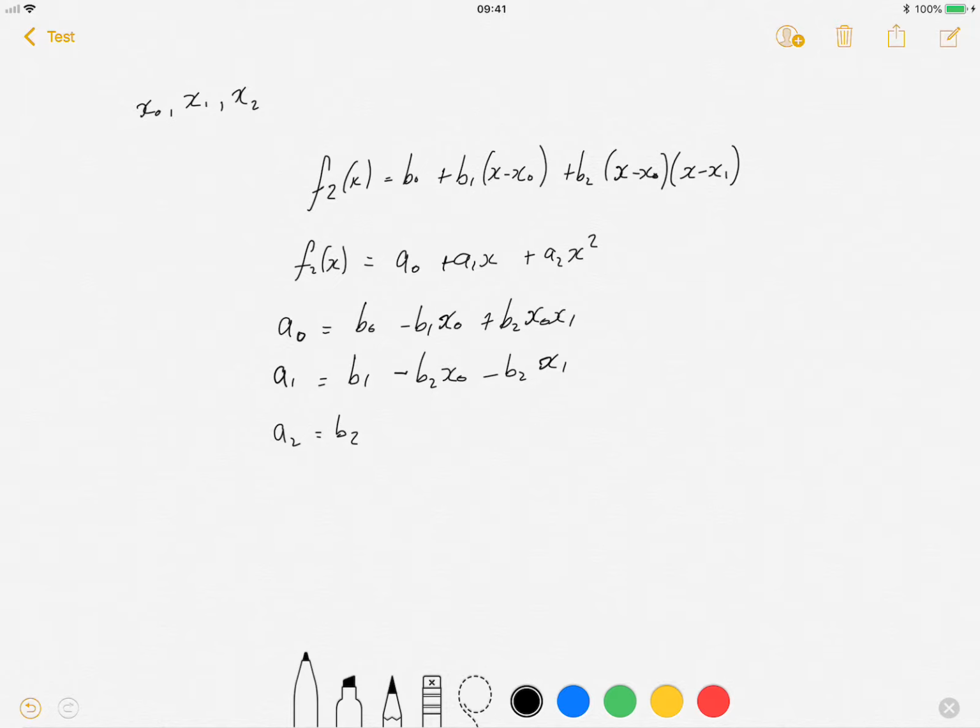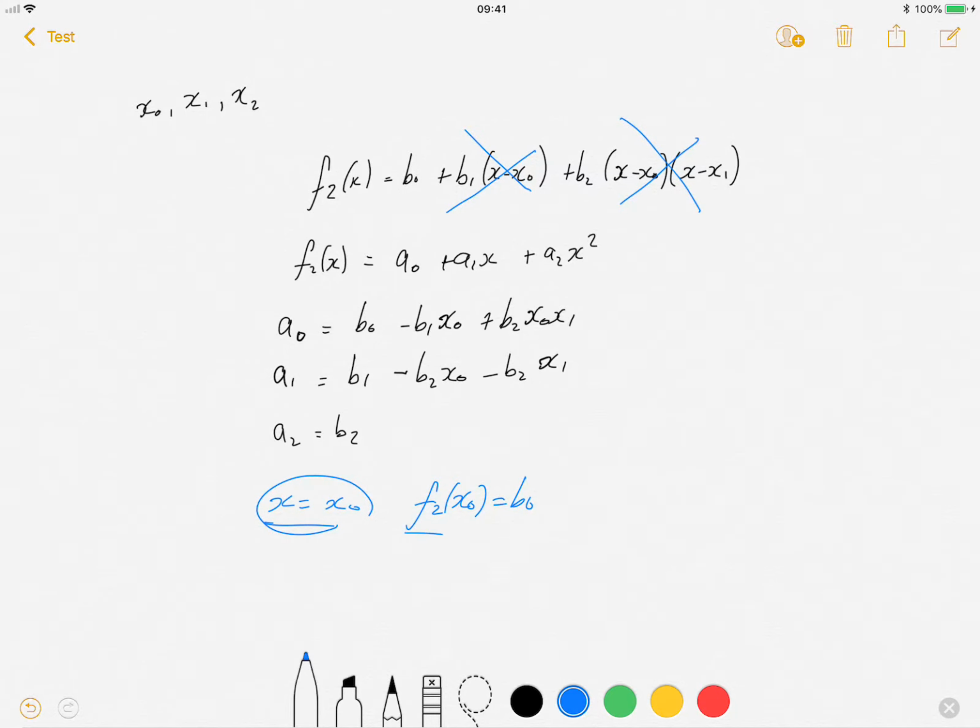Now, how are we going to solve for our unknowns? Well, if we set, for example, x equal to x0, immediately we cancel out our second and third terms, which means that at that location, the function value, or our data point in this instance, f2 at x0 equals b0.